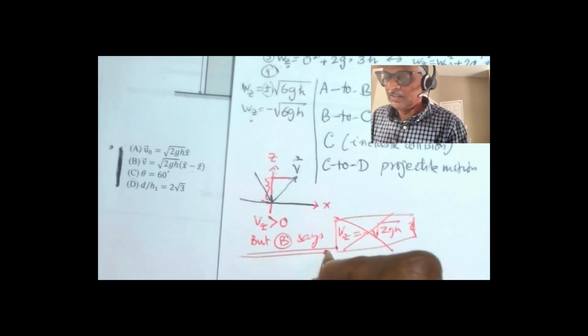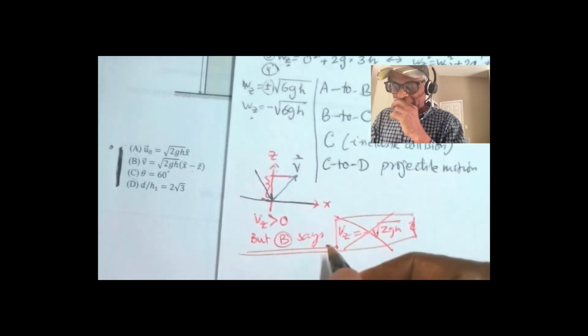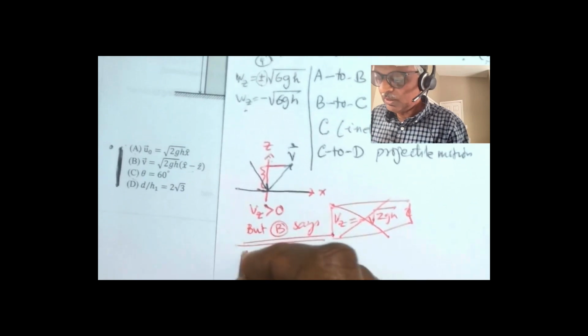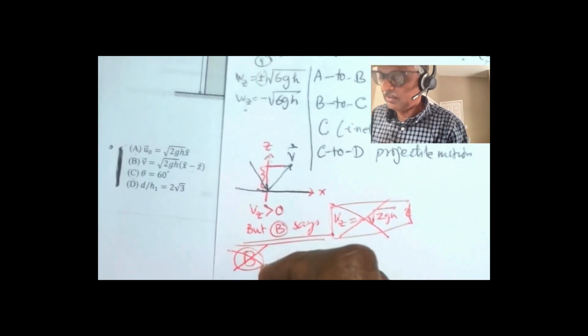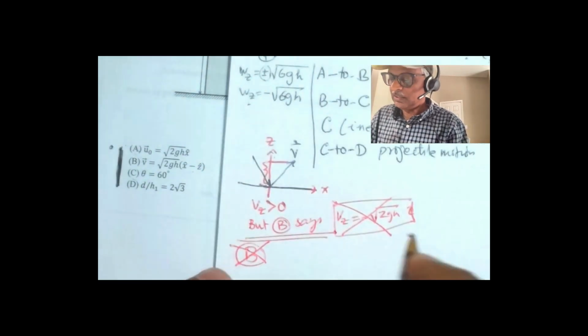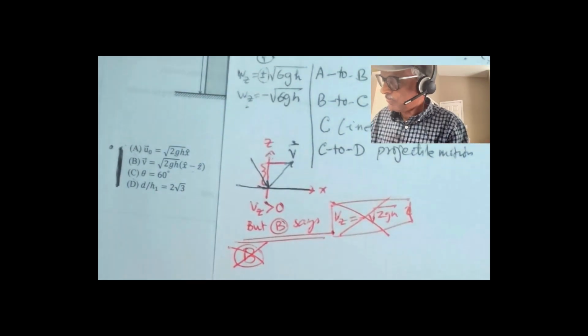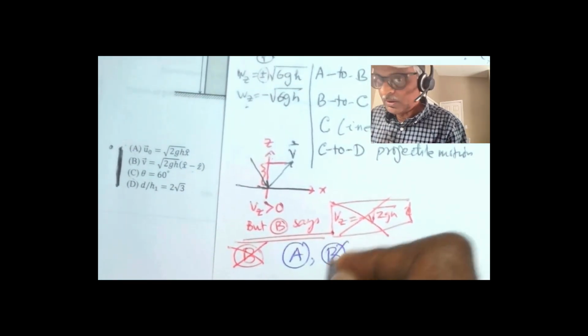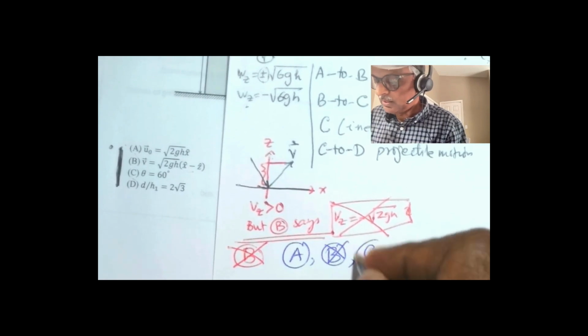I really don't have to solve to get B to be wrong. So my answer will be B is not correct. So so far we got A correct, B not correct, and C correct.